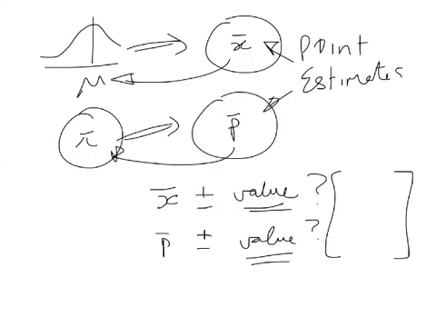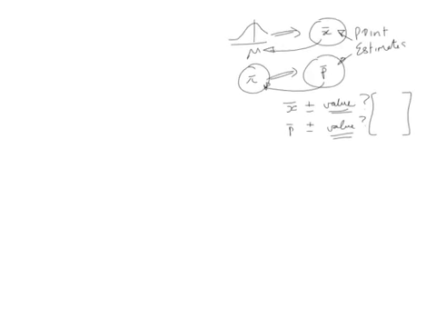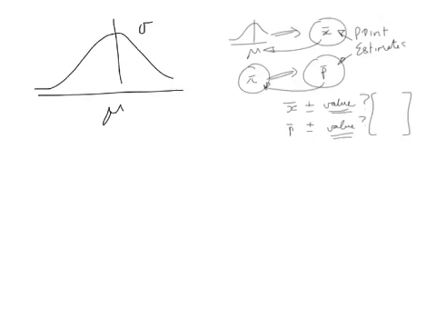Now, before we make the leap, I want to just refresh your memory on the empirical rule, the idea behind the empirical rule. You may recall that when we talked about the empirical rule, we said basically if we have a population that we believe is normal with a mean mu and standard deviation sigma, then about 68% of the values fall within one standard deviation.